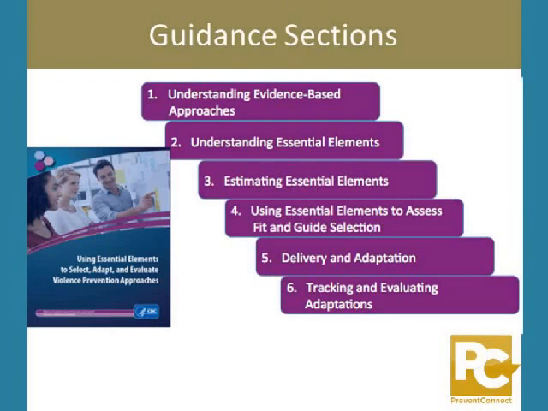So turning to the guidance itself, the guidance has 6 sections. Each of the 6 sections is about 2 to 4 pages, and then in the appendix there are companion worksheets. So I think what we found in doing our environmental scan of adaptation guidance is there were 2 extremes.